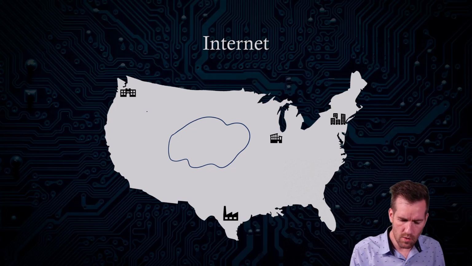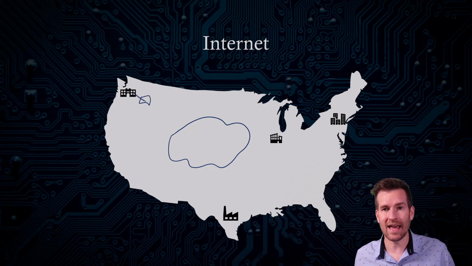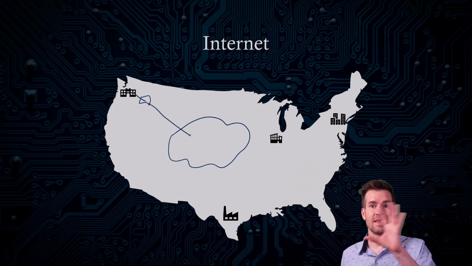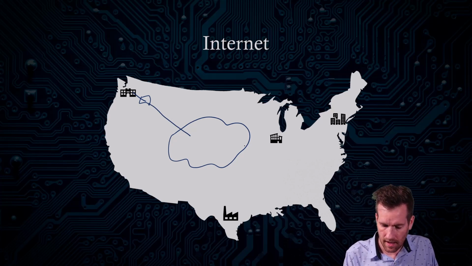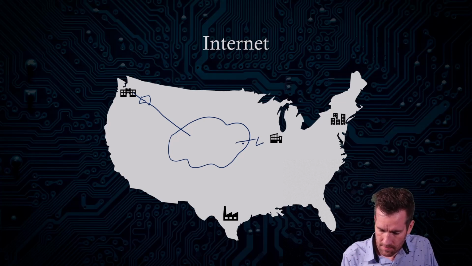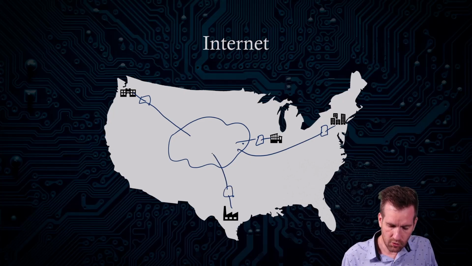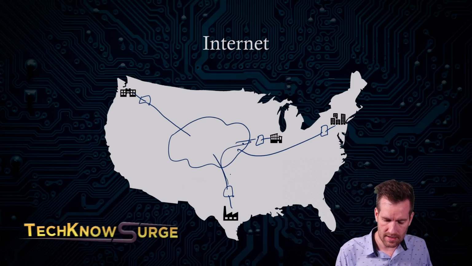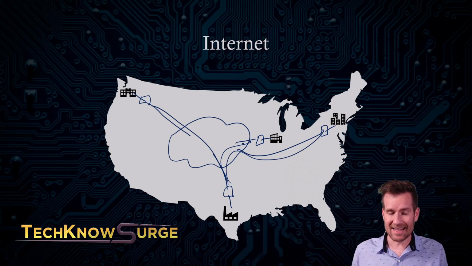You connect to an internet service provider, and they connect you to this network, the web. Then you would have an internet service provider connecting each one of these sites, and through the internet you would make a connection between all of your sites through something like a VPN. So that is the internet.